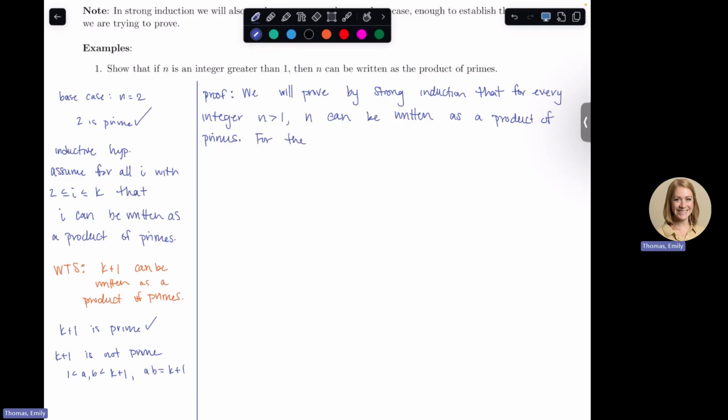For the base case, let n equal 2. Since 2 is prime, we are done.